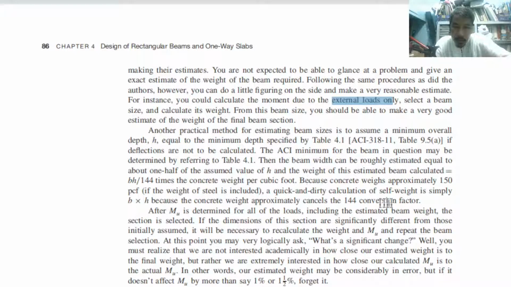So you can have a quick and dirty calculation of self-weight: just multiply bh times the unit weight of the concrete, which is 23.6 kilonewton per cubic meter.